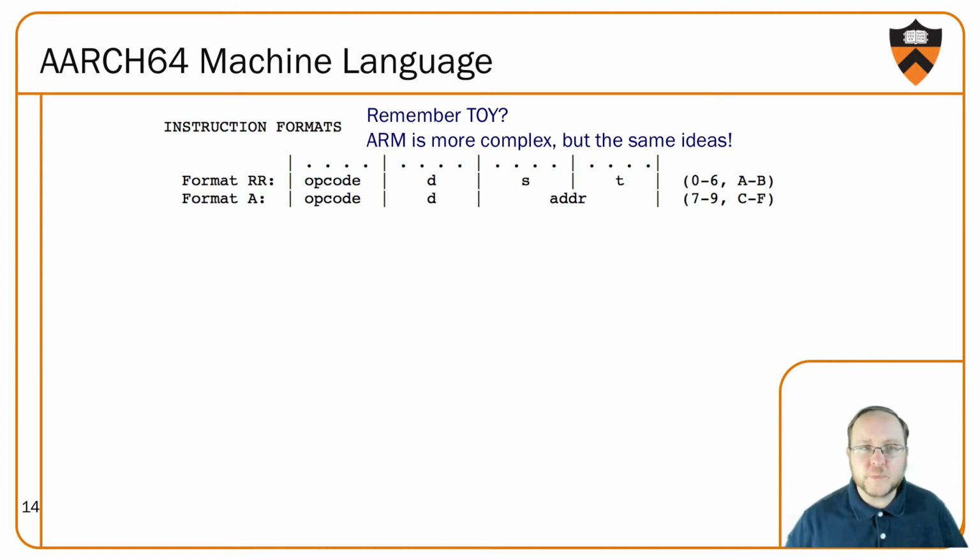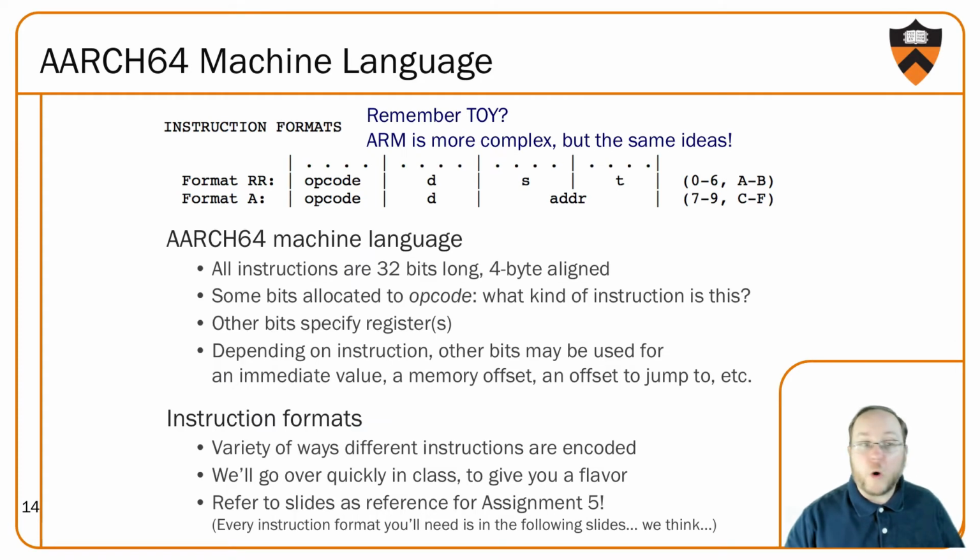ARM is going to look similar in some respects. All instructions are 32 bits long. This is an advantage of the RISC architecture. But there are a variety of different instruction formats. All of the instructions are stored in places in memory that have an address of a multiple of 4. That's a requirement of the hardware. This is to promote hardware simplicity, but also for reasons we'll see later that involve trying to get as much data into each instruction as we can.